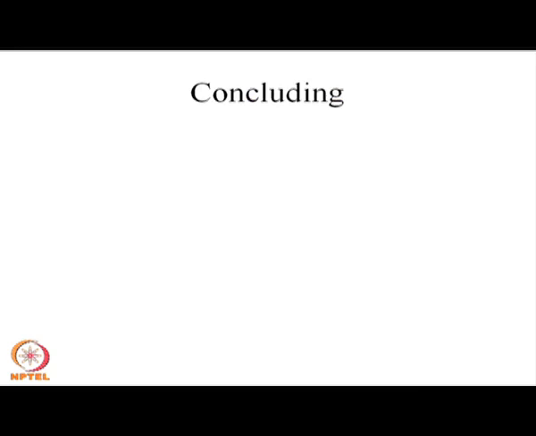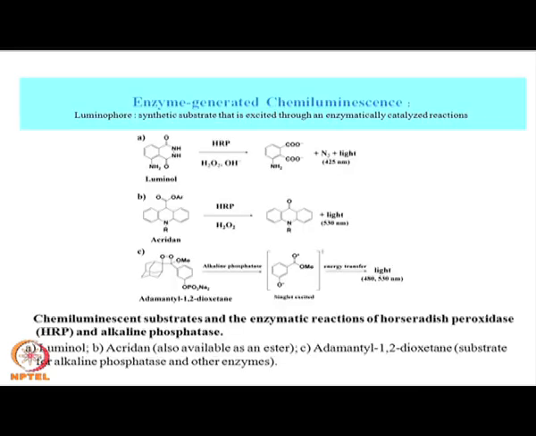Okay. So, in conclusion, what we have learnt in this particular piece of lecture is that we started with the discussion of metals that are influencing the fluorescence processes. Okay. And in this line we discussed how metal ions can affect the fluorescence of a fluorophore.